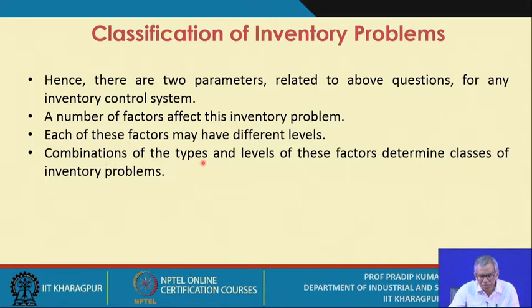Combinations of the types and levels of these factors determine classes of inventory problems. When all the factors and their levels are known, you can establish different combinations, and we'll count how many different combinations there are. You may find that one combination is the simplest problem and another combination is the most complex problem. You must understand why one is a simple problem and why another combination is treated as complex.